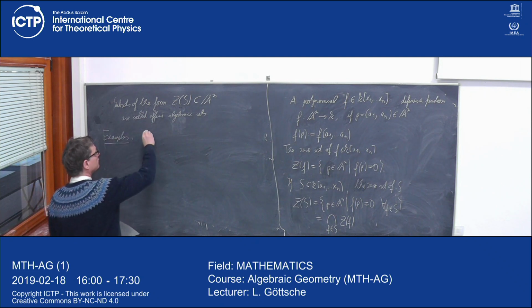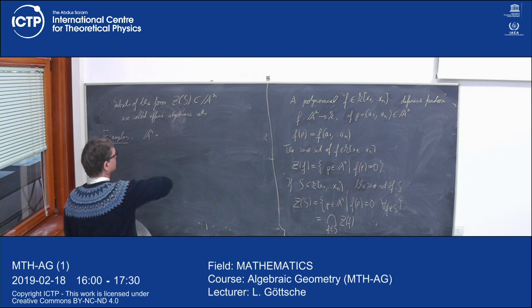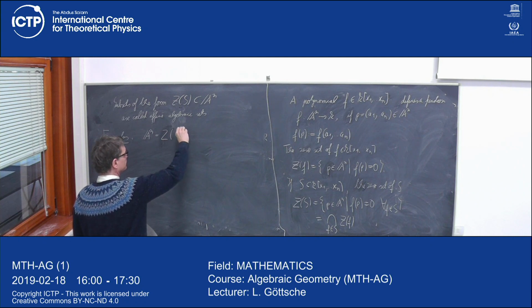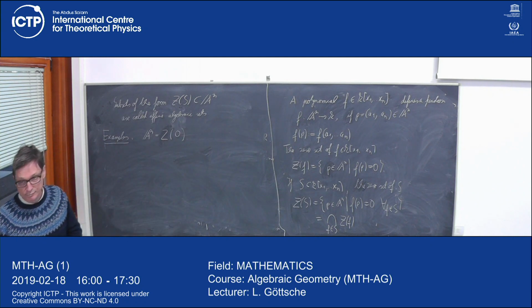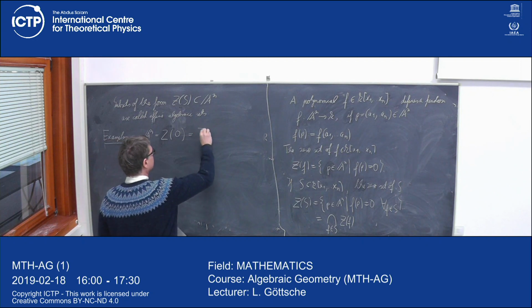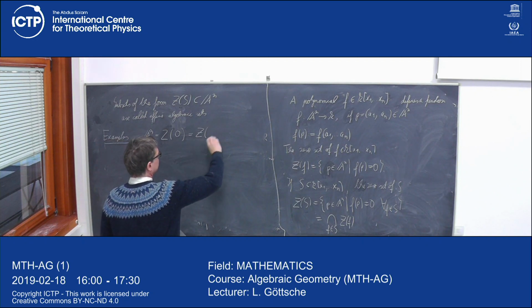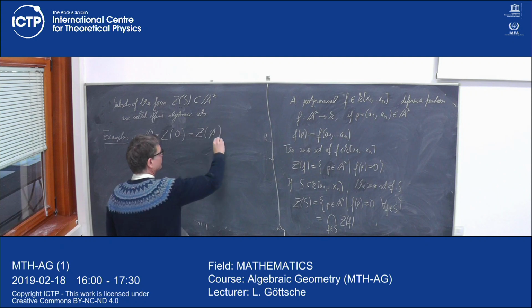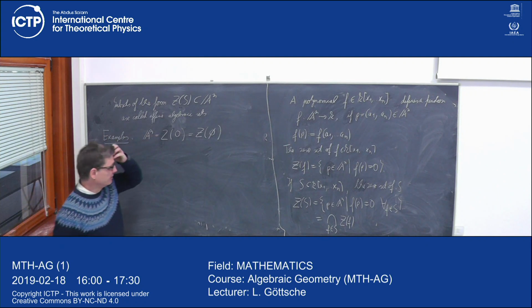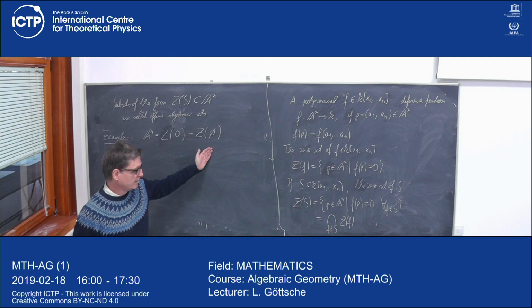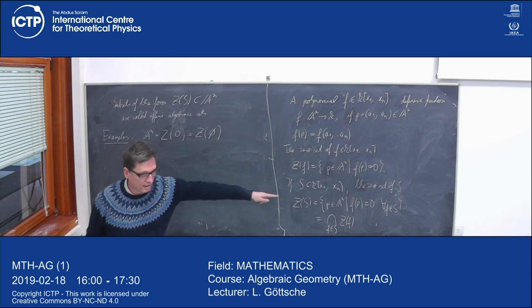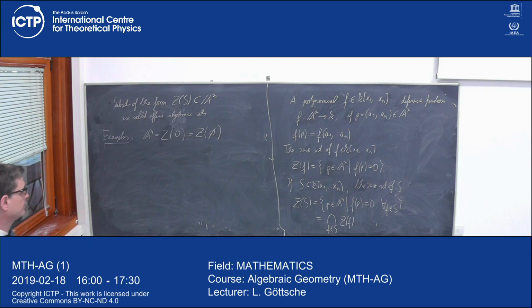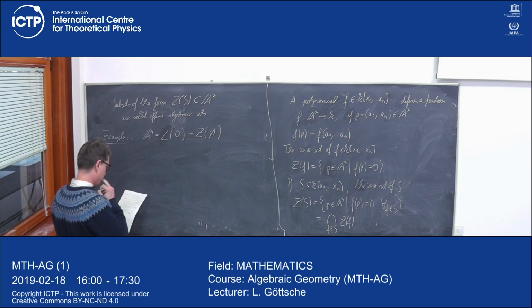For instance, if we take the whole of A^n, I can take it as the zero set of the constant polynomial 0, that vanishes everywhere, or as the zero set of the empty set of polynomials. Because obviously, if the set is empty, there's no requirement. Okay, so that's one example of an affine algebraic set.